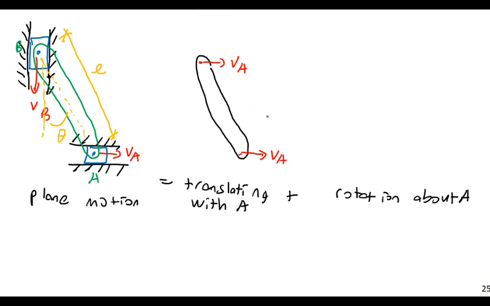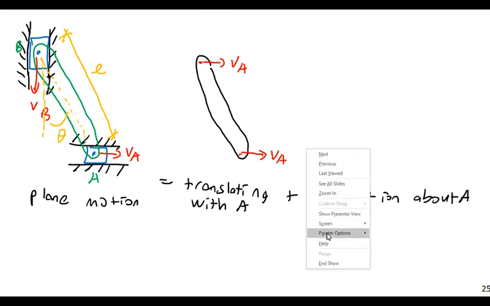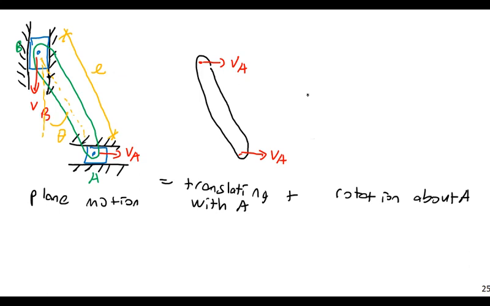And then I could have another system here where I'm rotating about A.